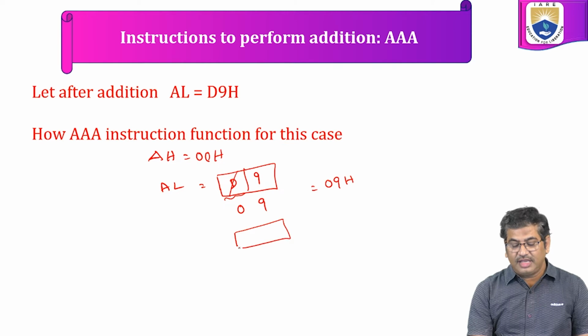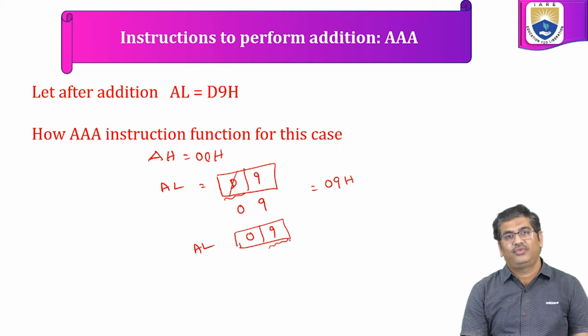Next, we have to examine the lower nibble of the AL register. As this lower nibble is a valid BCD number and it is less than or equal to 9, we don't alter the AH or AL register contents.